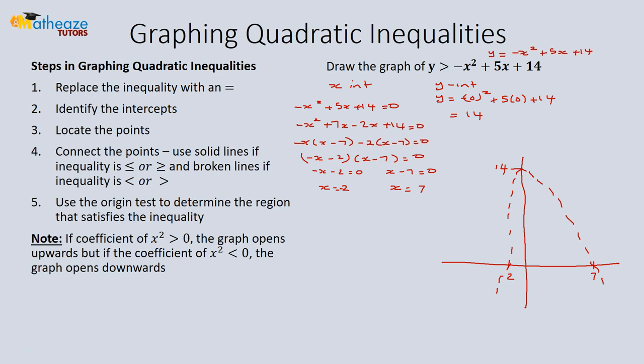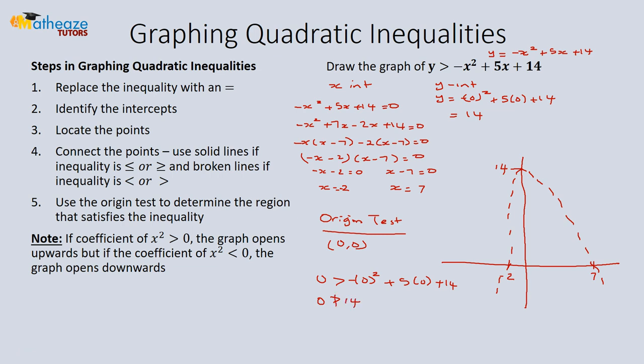Now we're going to use the origin test to figure out the shaded portion. Our origin test is using the point 0, 0, which is the origin. So 0 is greater than negative 0 squared plus 5 times 0 plus 14. 0 is not greater than 14.